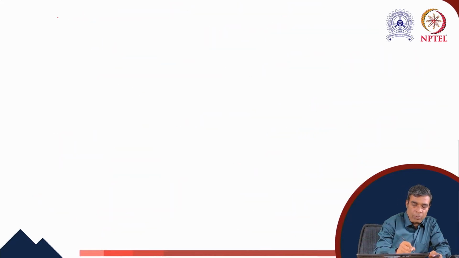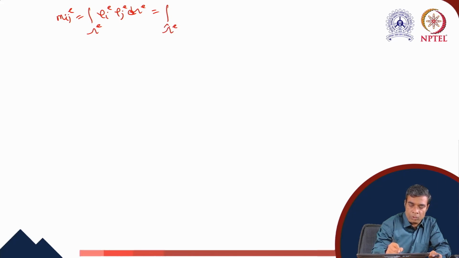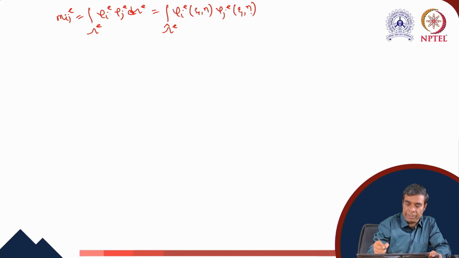Our integrand was Mij equals integration over omega e of psi i psi j d omega e. This can be represented as integration over omega e cap of psi i, a function of xi eta, and psi j, a different function of xi eta, d omega e cap.